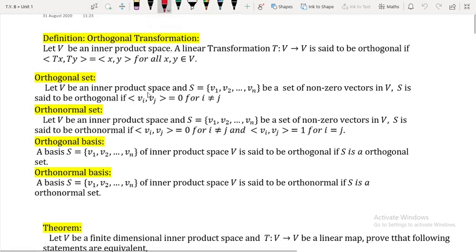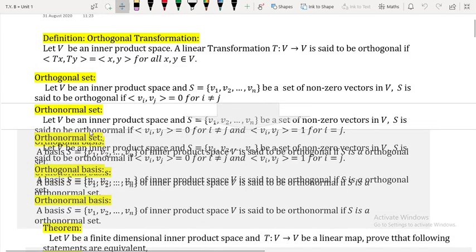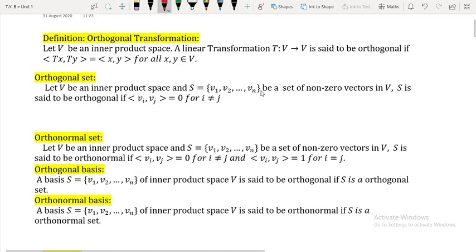If we go for one example, let us take an example of R2 only with dot product. V is equal to R2, right?